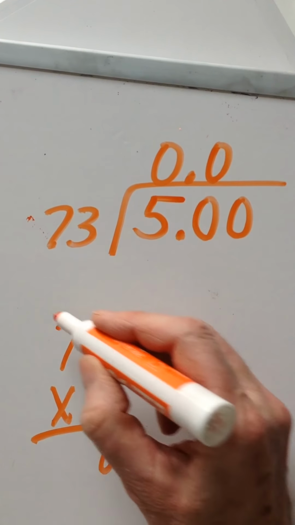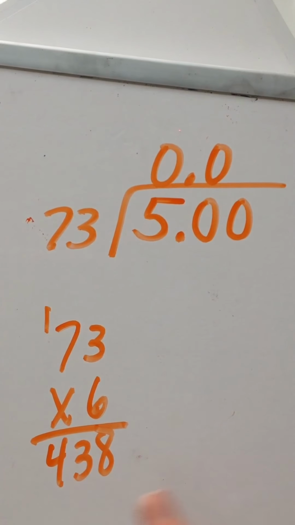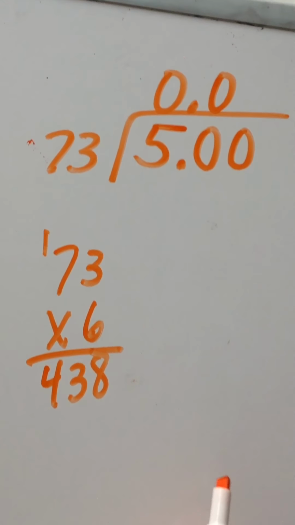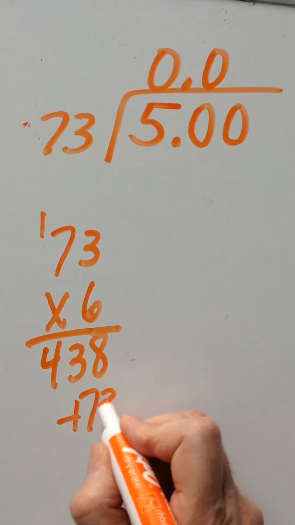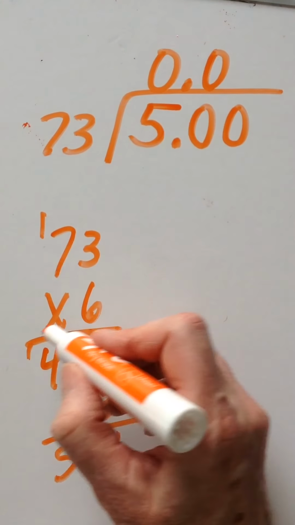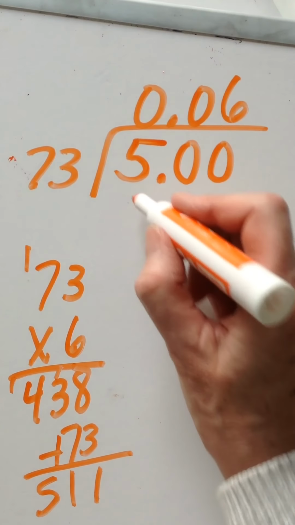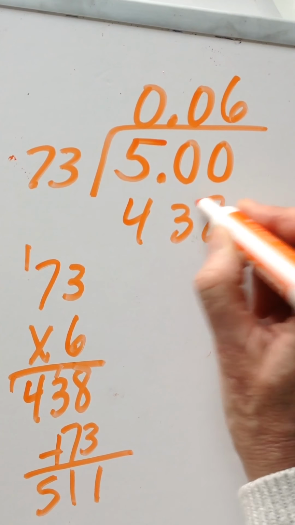That's 18. 42, 43. Could I add another 73 here? Let's just add one and see. Plus 73, 11, 11, no. So our answer is 6. So 6 times 73 was 438.